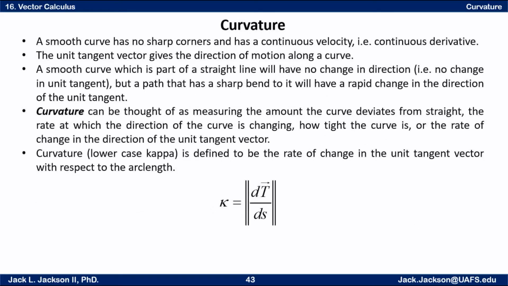So a smooth curve has no sharp corners. It has a continuous velocity, in other words, a continuous derivative. The unit tangent vector gives the direction of the motion along the curve.